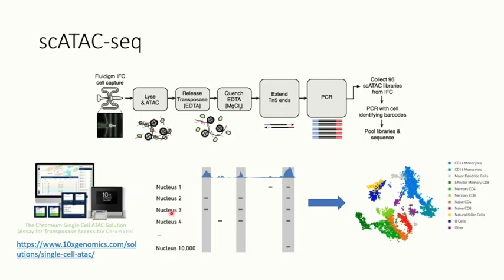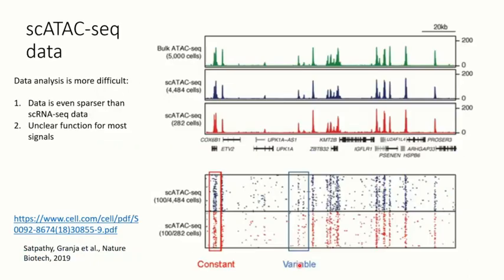So when we say single cell ATAC-seq, in reality they are single nuclei. Then you have the information for the position of the peaks. This is an example of single cell ATAC-seq data.